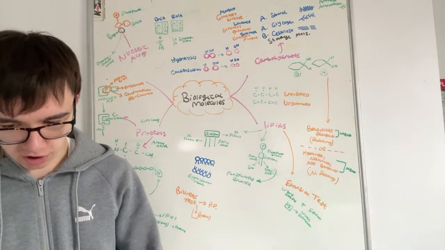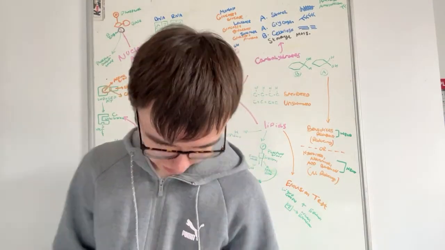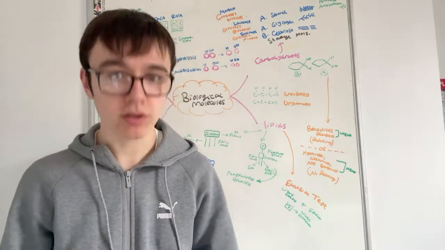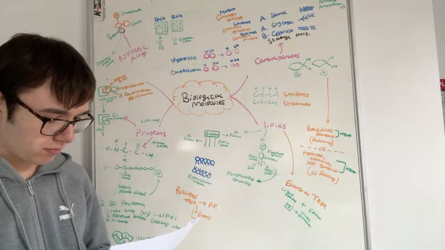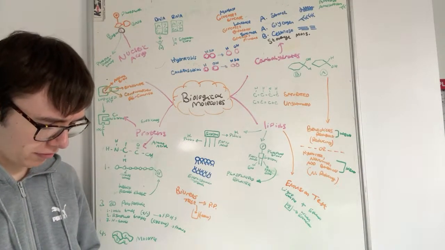And that was only one topic. That's not even a joke. That was one topic. Hold on, let me just go through everything quickly. We haven't technically done monomers and polymers, but that's kind of obvious.